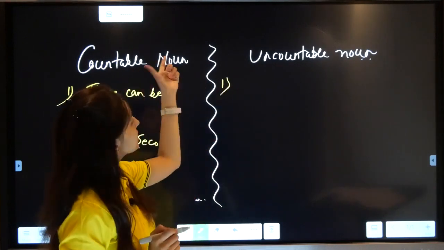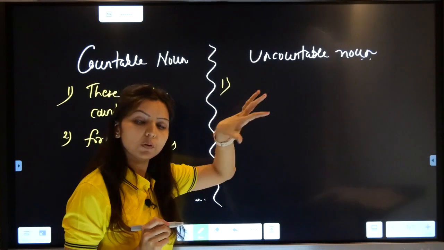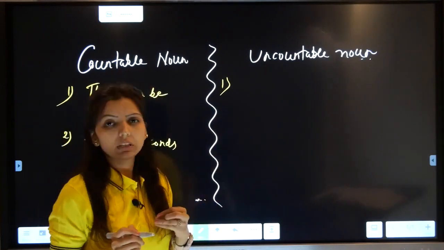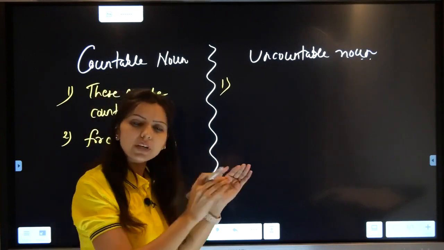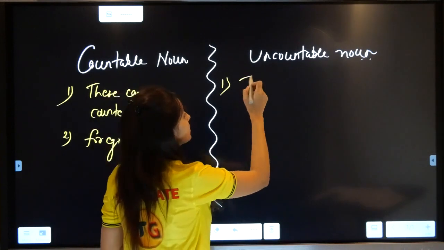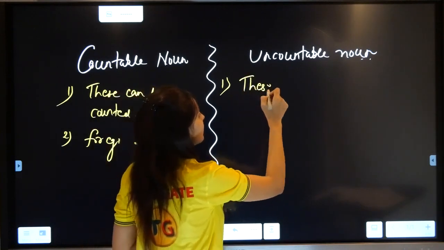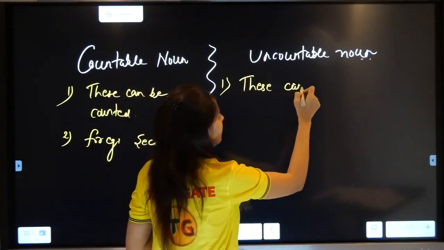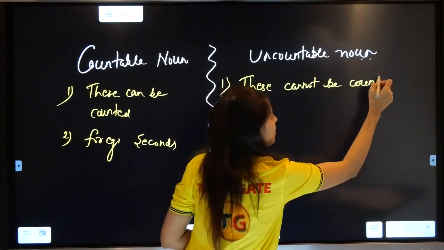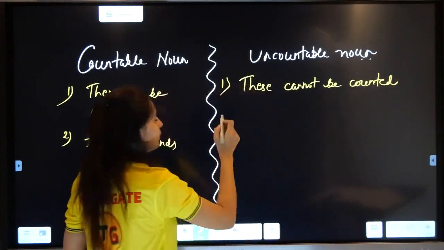Just opposite to countable noun, uncountable nouns are those names which we cannot count, before which we cannot put any numeric value. इसको आप काउंट नहीं कर सकते. Simple.